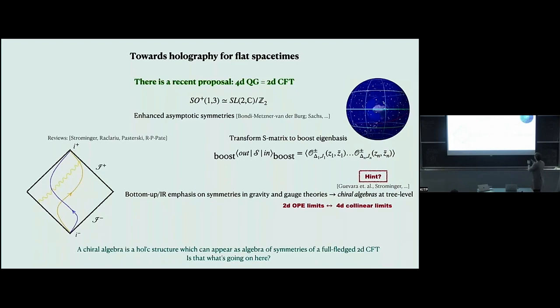So if we think about the celestial sphere at asymptotic null infinity, and we'd like to imagine a local conformal field theoretic description on the celestial sphere, if we want to think about taking an OPE limit between 2 states that are inserted at some points on the celestial sphere and bring them very, very close together, this corresponds from the 4-dimensional perspective to a collinear limit.